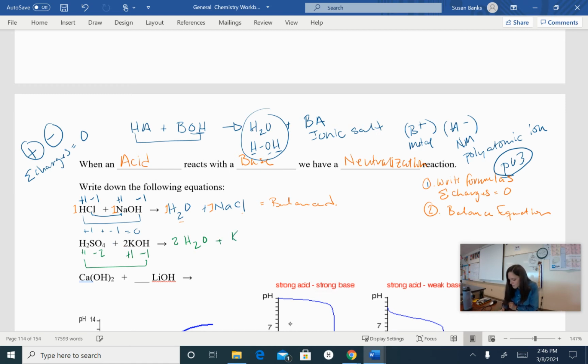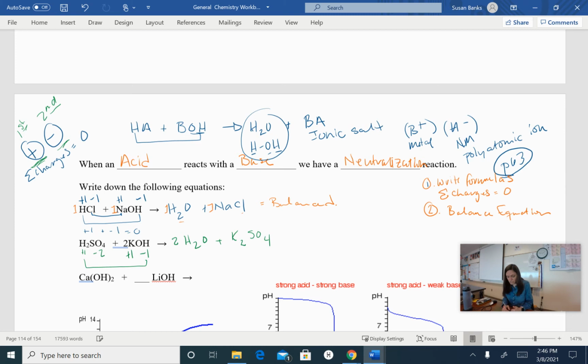So remember, to do the two potassiums, we're going to do a subscript, and then we will put the polyatomic sulfate at the end. Remember, we always write the positive atom or ion first, and the negative ion always comes second. So the positive is always written first, the negative is always written second. Okay? So there we go.